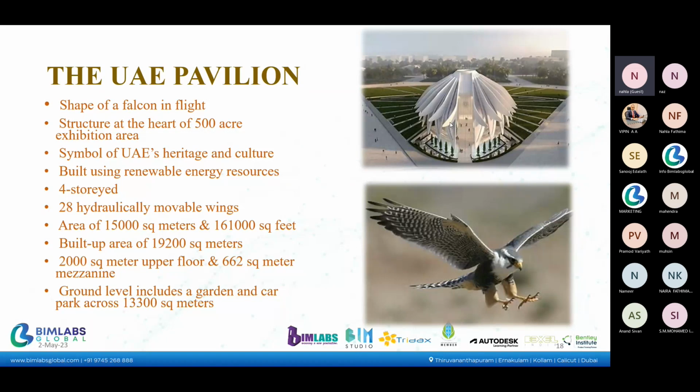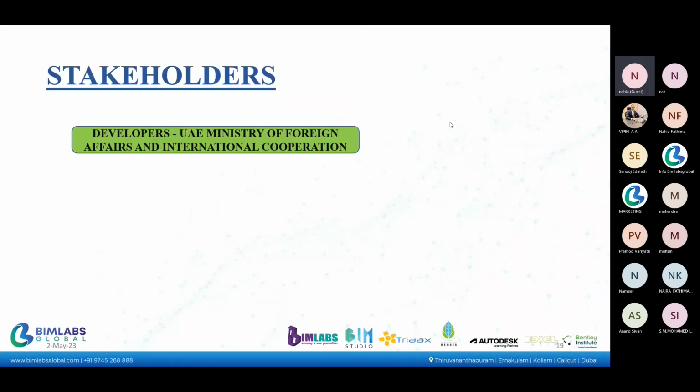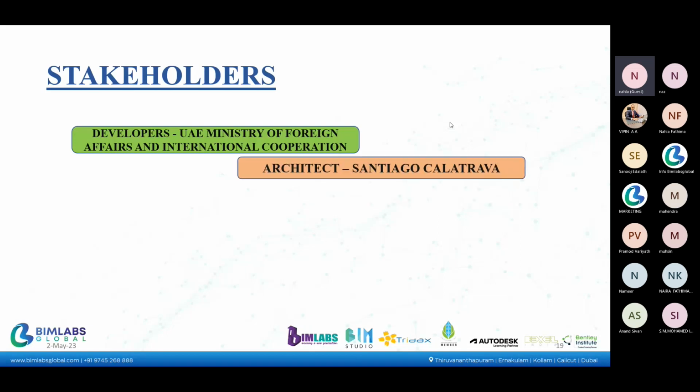So I'll introduce you to the different stakeholders involved in the project. As I told you, initially the developers, the UAE Ministry of Foreign Affairs, came up with the idea that they wanted a unique structure that represented the United Arab Emirates at the World International Event. So the architect, Santiago Calatrava, was chosen as the architect.